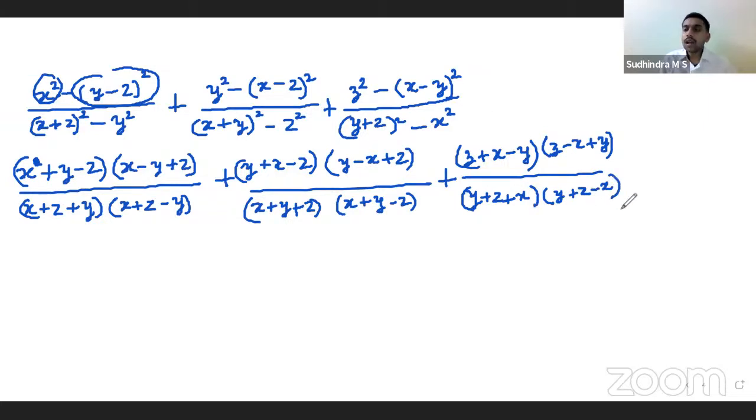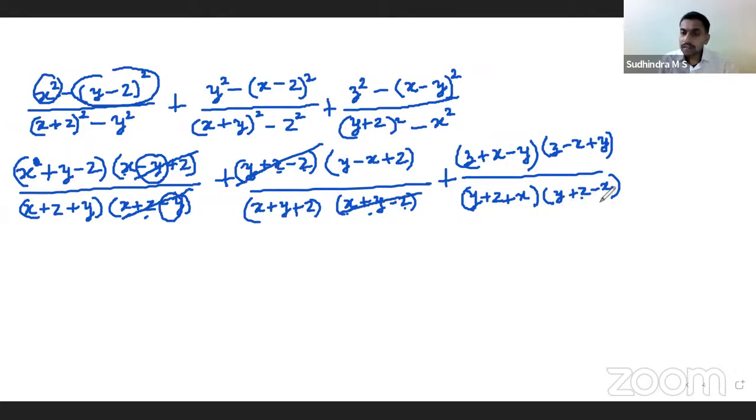Correct. Now, if you look into this, here x plus z minus y, x plus z minus y, I can cancel. Same way, x plus y minus z, x plus y minus z can be cancelled.